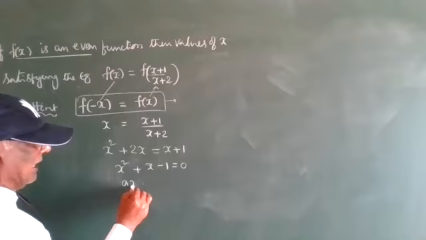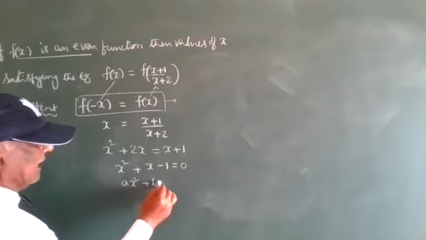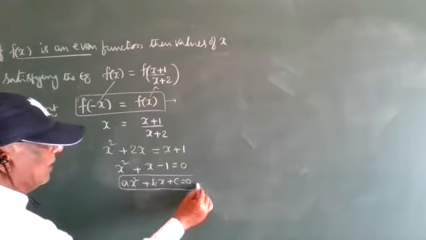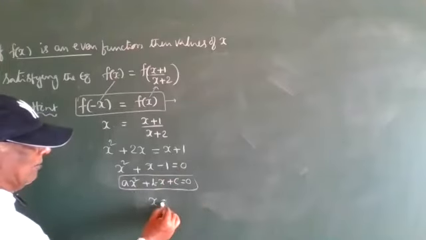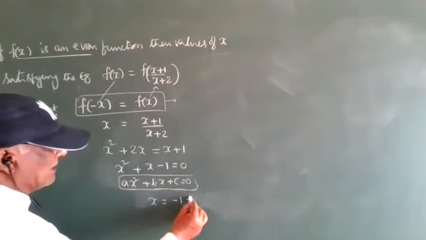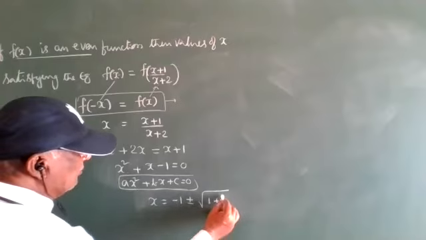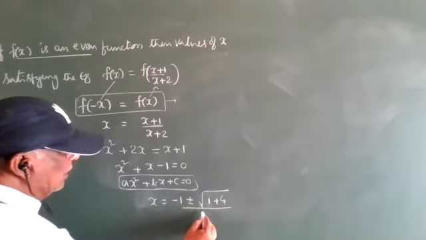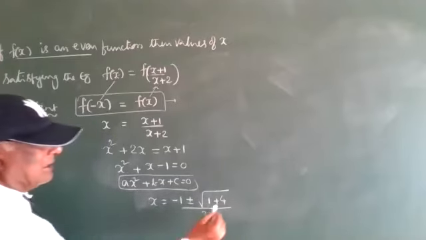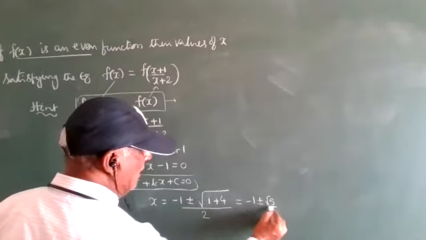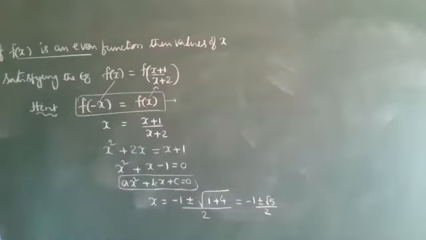So compare with a x square plus bx plus c. Apply the quadratic equation formula: minus b plus or minus root over b square minus 4ac by 2a. Okay? This gives minus 1 plus or minus root 5 by 2, which is the required answer.